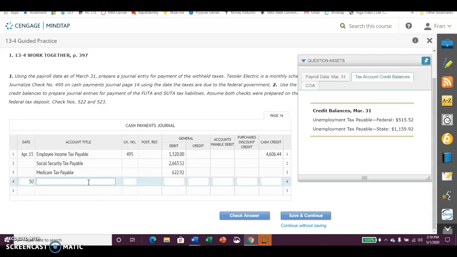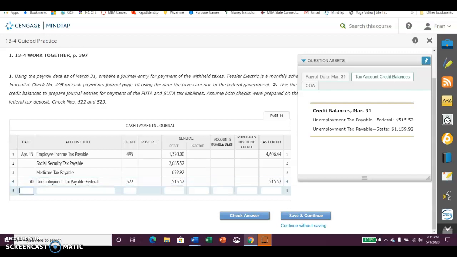So we are going to type in unemployment tax payable, federal. Okay, and it tells us in the directions we're going to pay that with check 522, and that amount is $515.52. So the amount of that check is going to be $515.52.